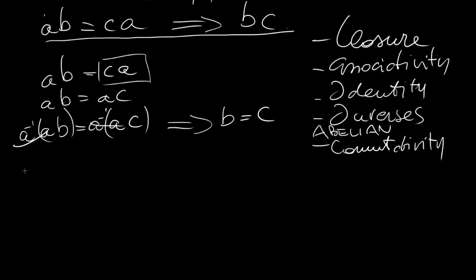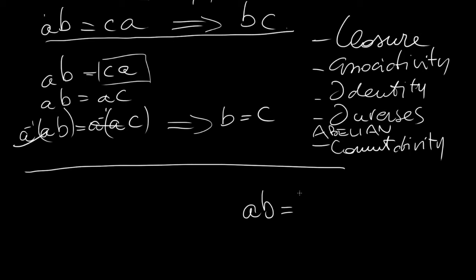And also every time that in a proof you have to prove that a group is abelian, you always want to have this final result, AB equal BA.